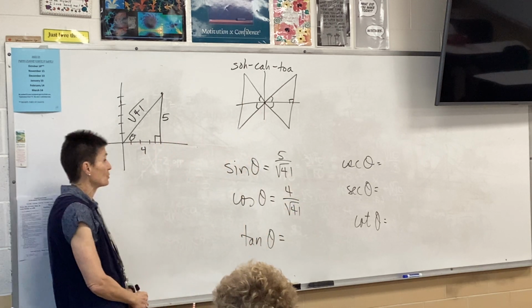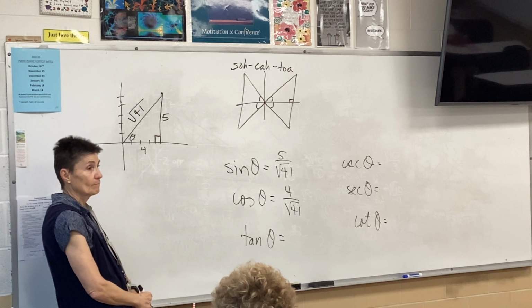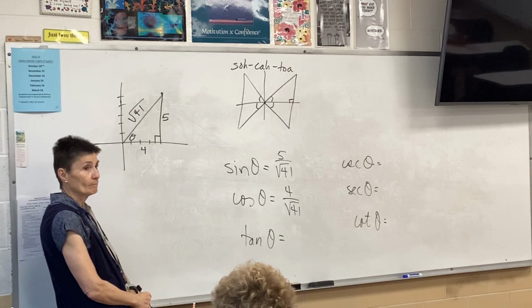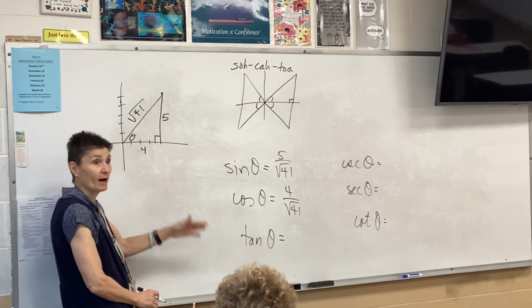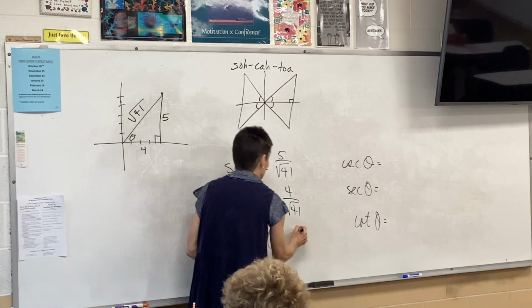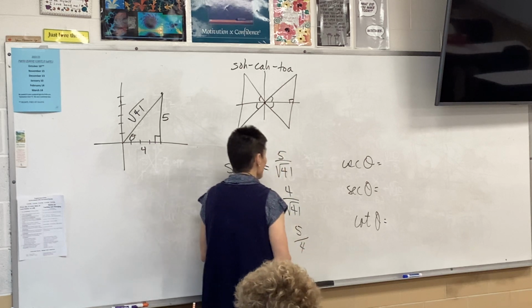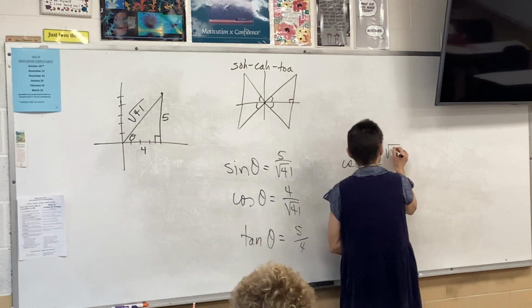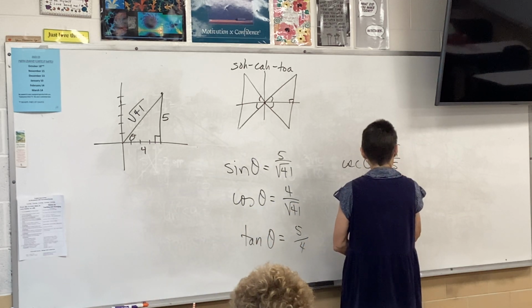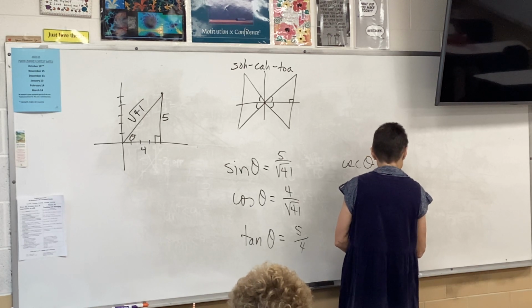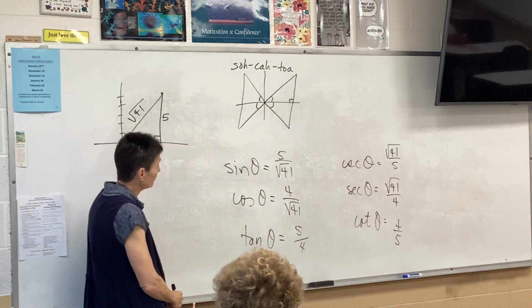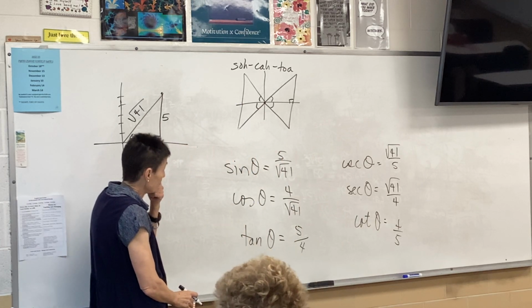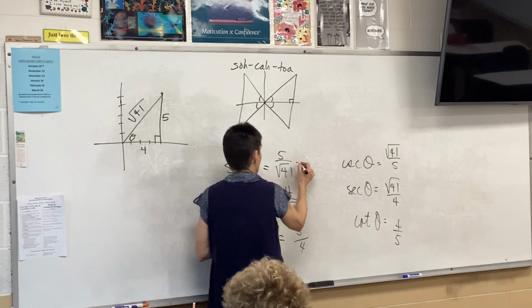And what's my tangent? Opposite over adjacent, so it'll be 5 over 4. Then I can do my reciprocals. And then if there's anything that needs fixing, I will fix it. And I think it's just these two.